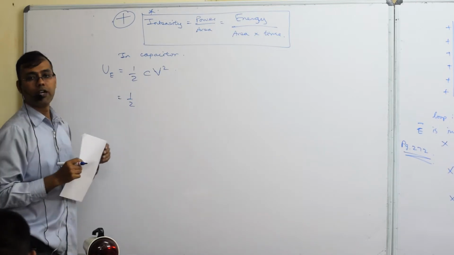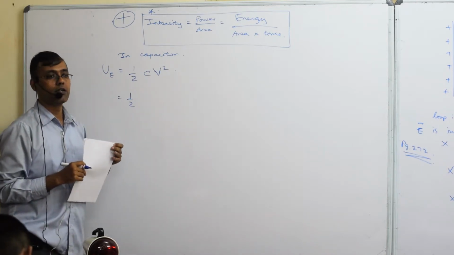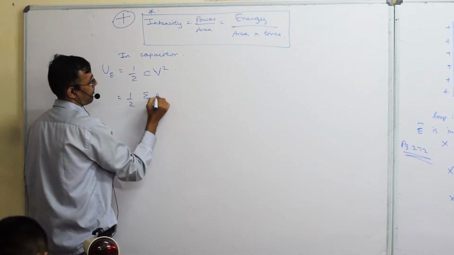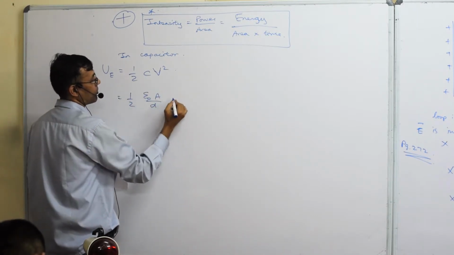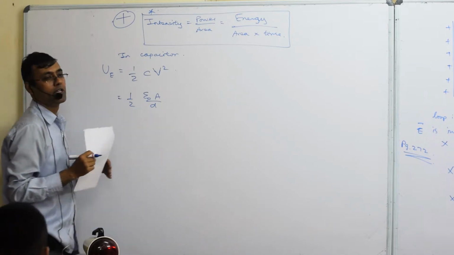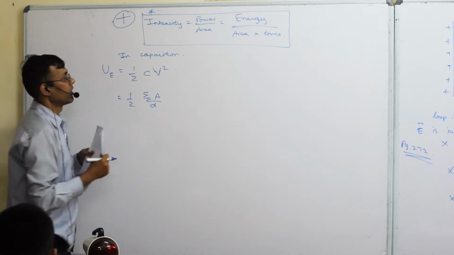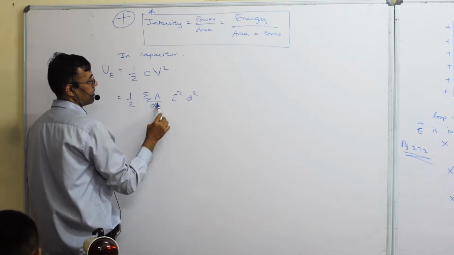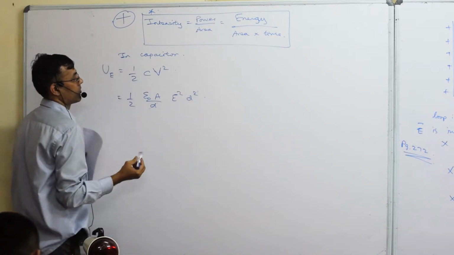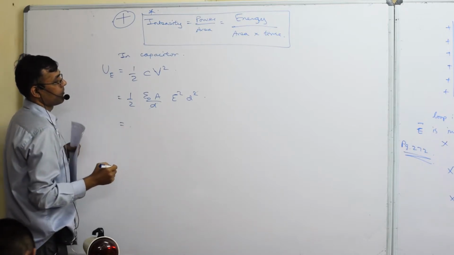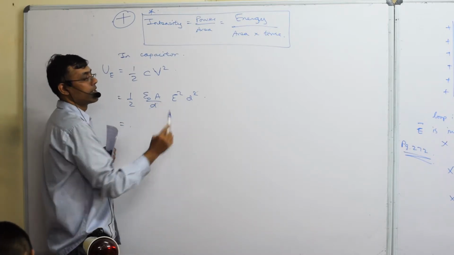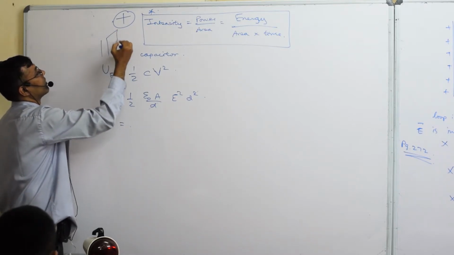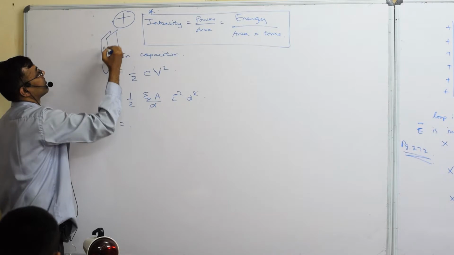So C, how can you write in terms of A and D? Epsilon naught A by D. And V, how can I write in terms of E and D? V is equal to E into D. So that means E squared D squared. So D cancels, and what I get is area into D in the case of capacitor.